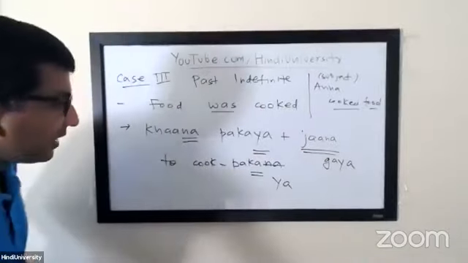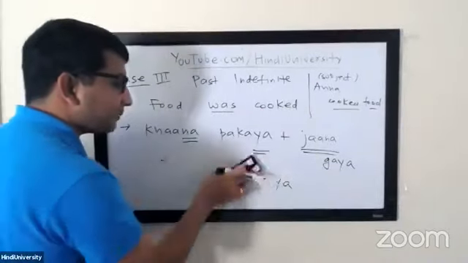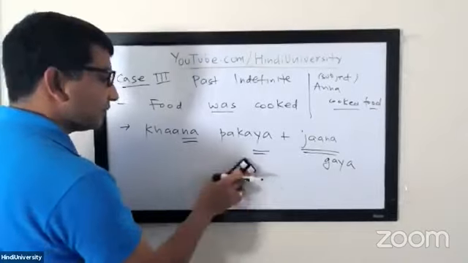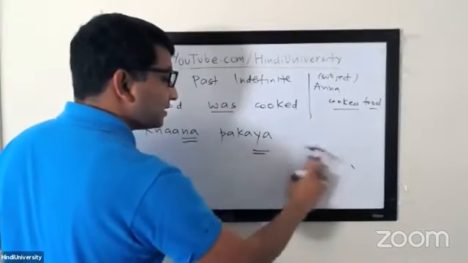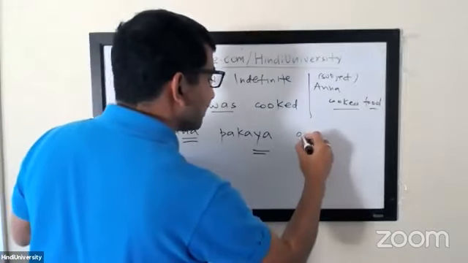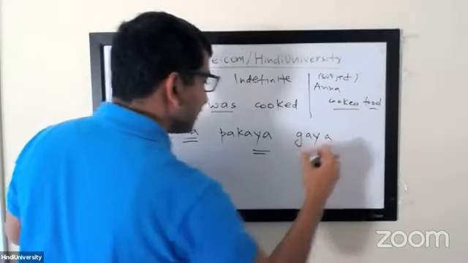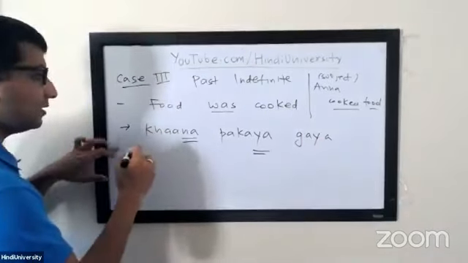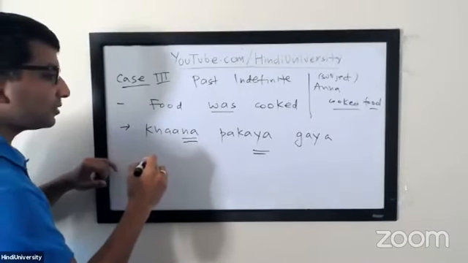Okay, khana pakaya gaya. You want to give different examples of where you are using all different cases. Gaya, gai, gaye, and gai. Khana pakaya gaya. Let's say you want to say roti was cooked or roti was made.